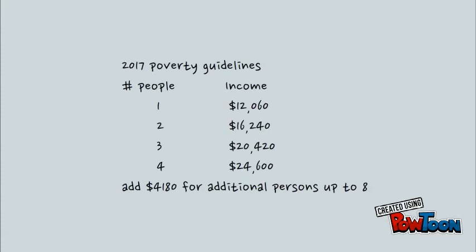This measure was originally developed by Molly Orshansky in the 1960s and could use an update, but is still the standard we use. And you will find it used as a guide for social service agencies all across the country in determining eligibility for services.